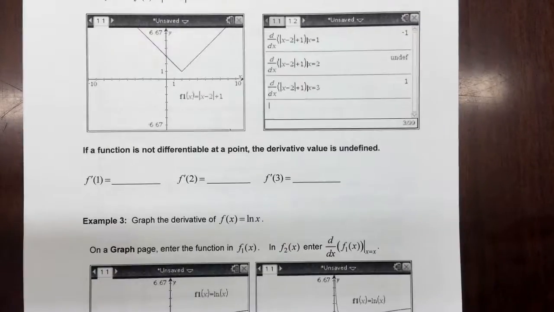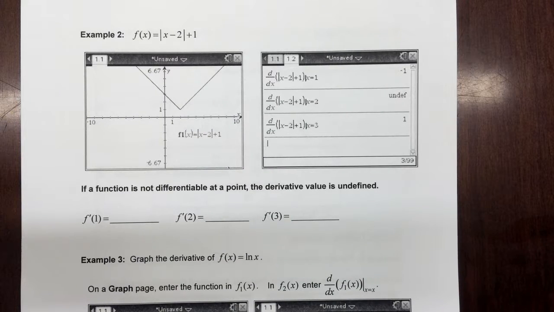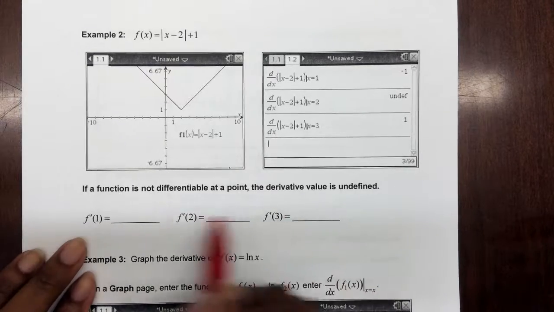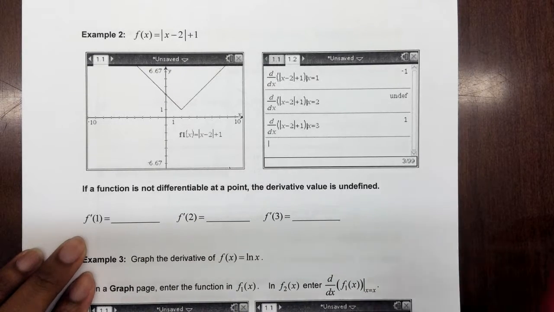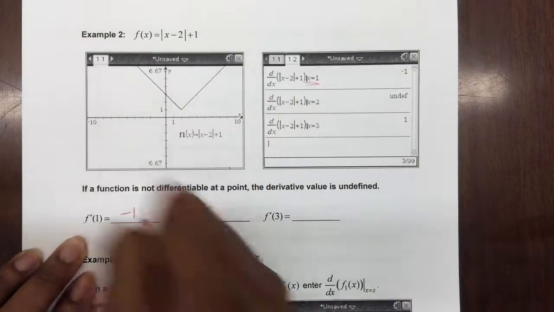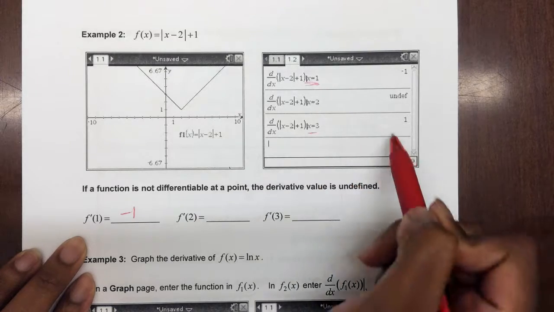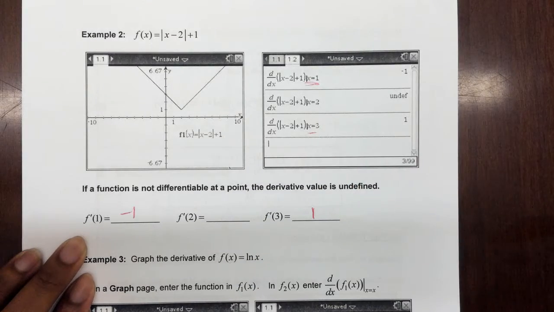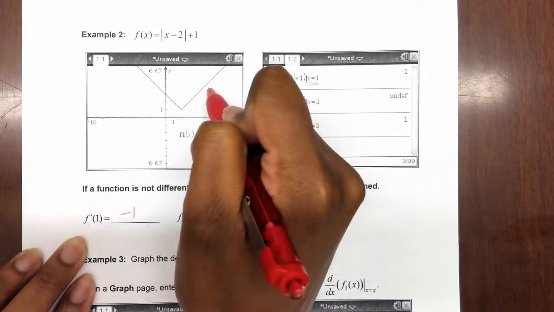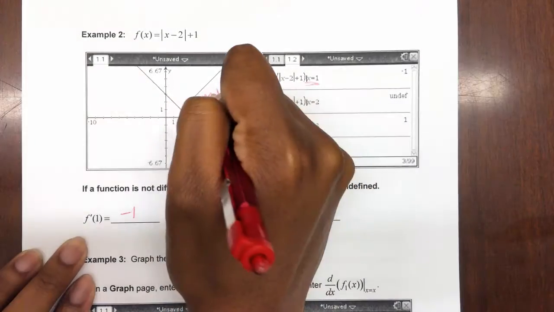By looking at this, you can, however, see from this example what the derivatives are. You know that the derivative at x equals 1 is -1. And you can see here that the derivative at x equals 3 is 1. So this slope is 1.